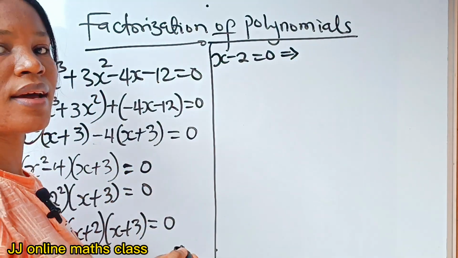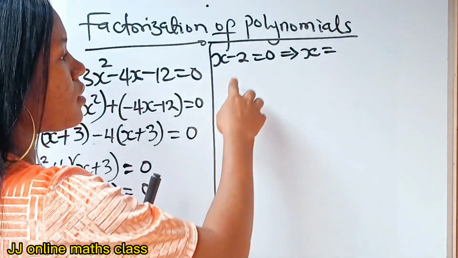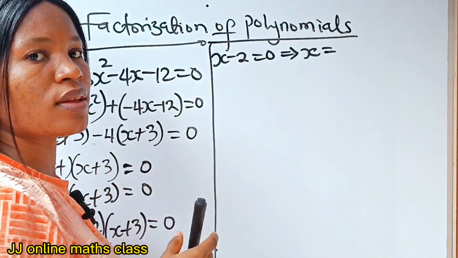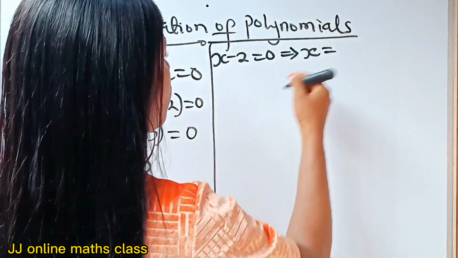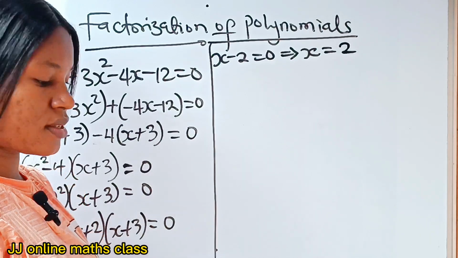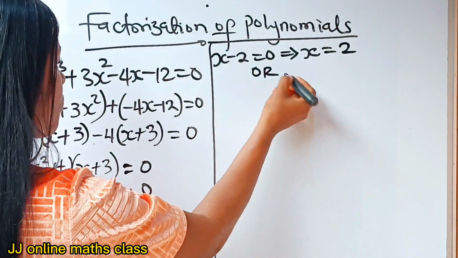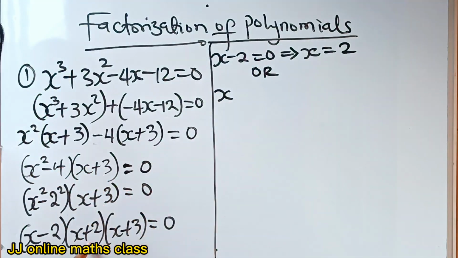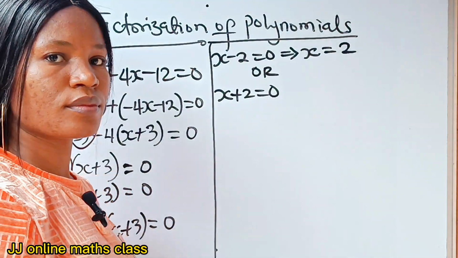Now, this implies that our x is equal to, this minus 2 will cross to the other side to become plus 2, right? So 0 plus 2 is plus 2. So this is the first value of x. Now, for the second bracket, x plus 2 is equal to 0.